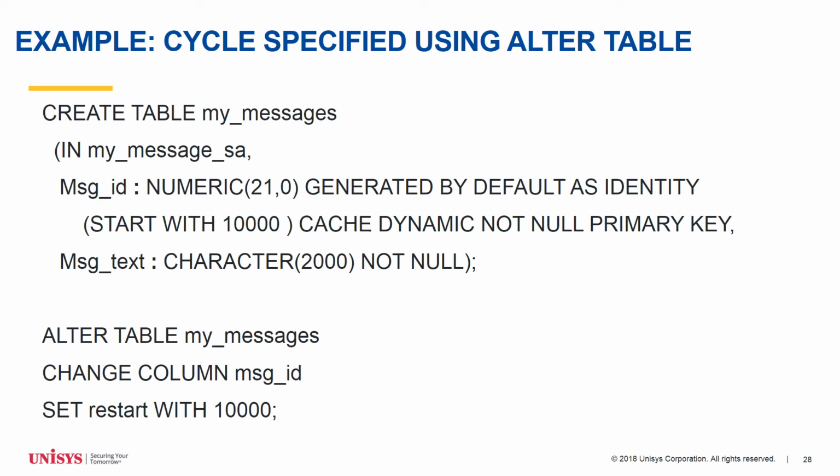This example demonstrates how a user explicitly sets the restart value using the alter table statement. Before this feature, resetting the restart value of the identity column caused all persistent objects that reference the altered table to be invalidated. Now the explicit cycle and the implicit cycle are consistent in their behavior.